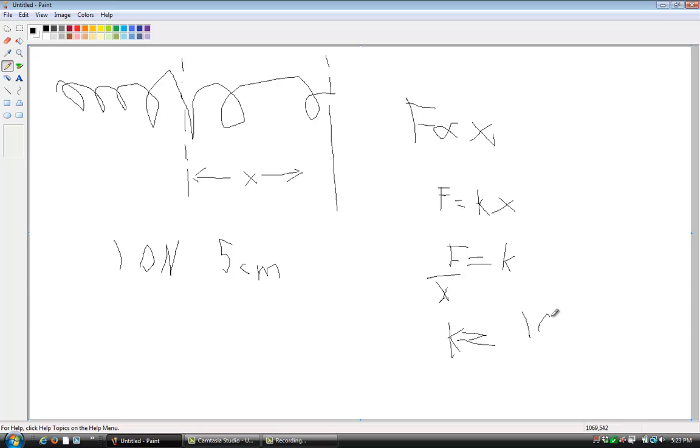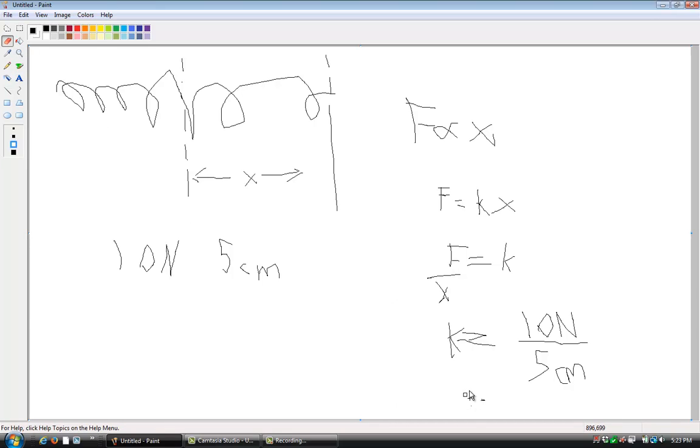So I have my force on top, so that's 10 newtons. And my distance on bottom, the displacement of the end of the spring from its natural position. And so 10 newtons divided by 5 centimeters is going to give me a spring constant. Hold on a second. That's a little too messy.